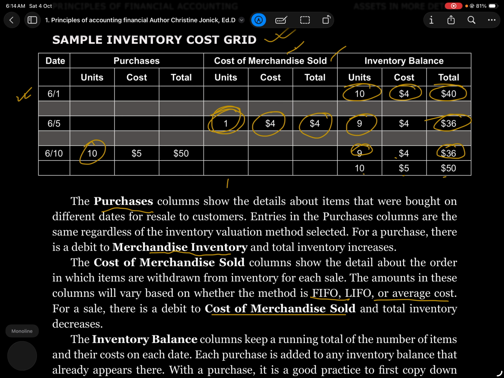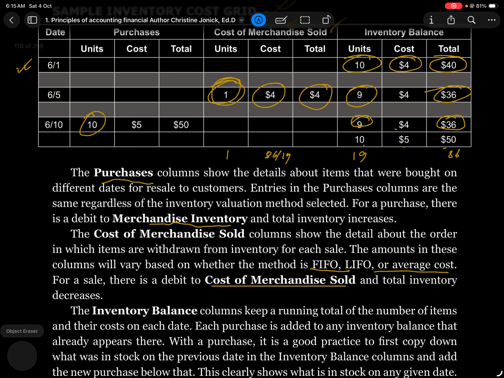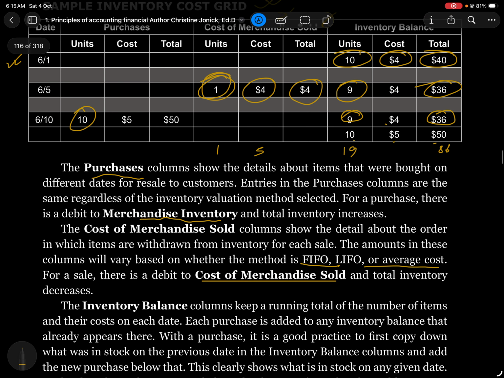We would have to determine the price: 86 divided by 19. Whatever the output comes out to be, that would be our cost. In LIFO, what would happen? We just take 5, right? 5. Okay, that's it.